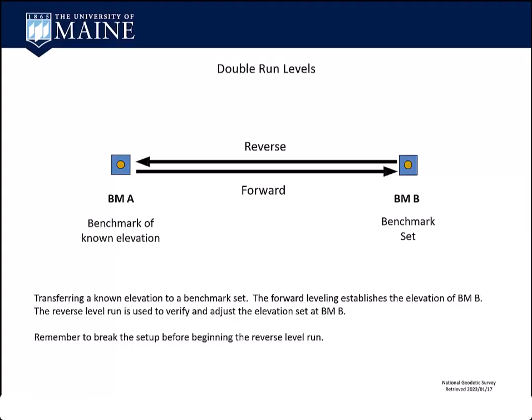So you go from A to B, establish B, run back to A. You should start and end at the same value for A.